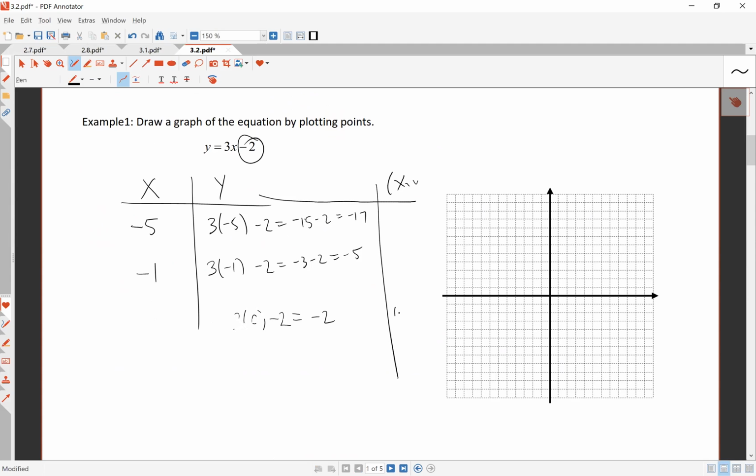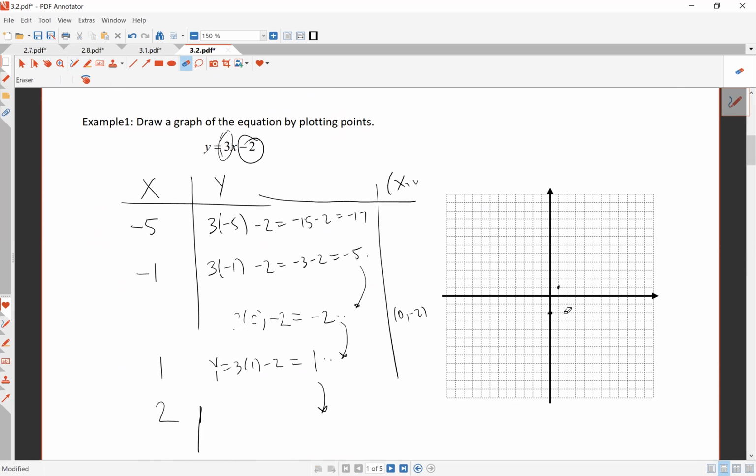And what about if x is 1? 1. Good. Do you see a pattern here? Negative 5 to negative 2 to 1? What are they doing? They're going up by how many? 3. Negative 2 to 1 went up 1, 2, 3.